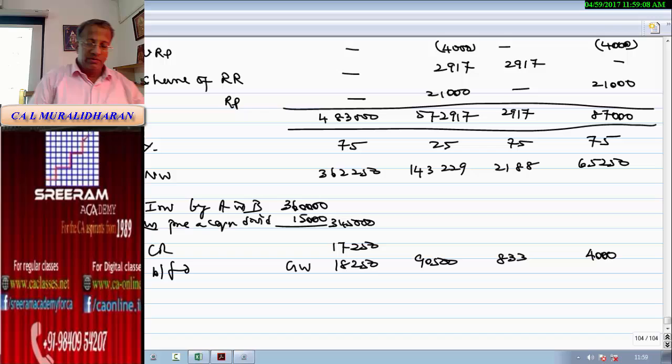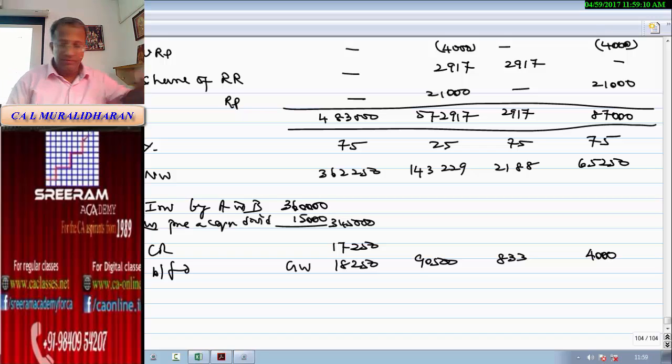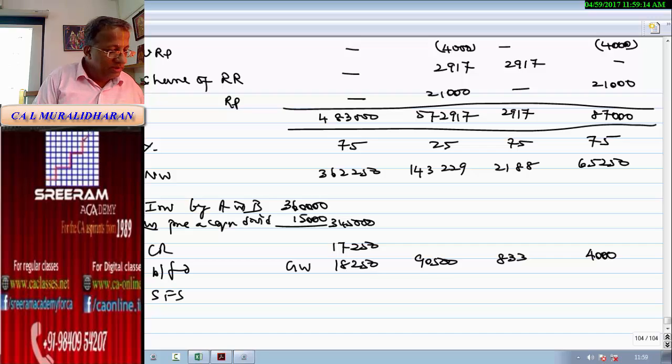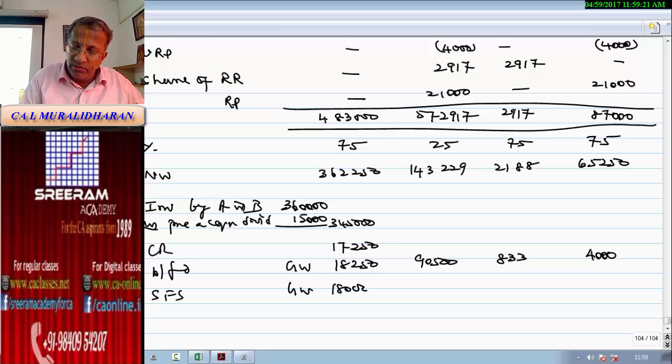Then SFS. Here you have goodwill of all the entities. Goodwill 1,80,000. Then general reserve 80,000. Then P&L account 2 lakhs.